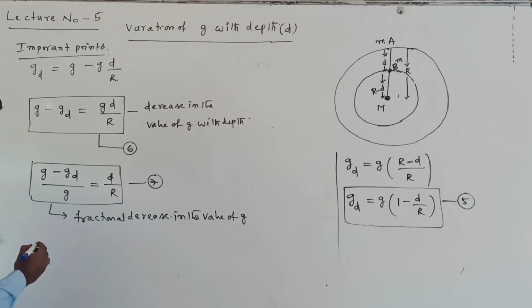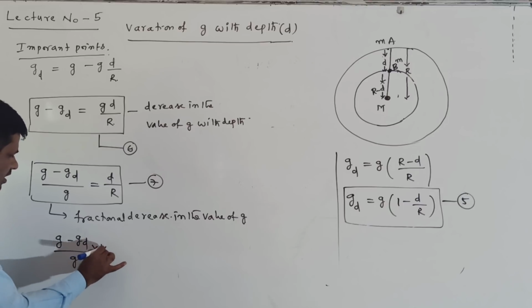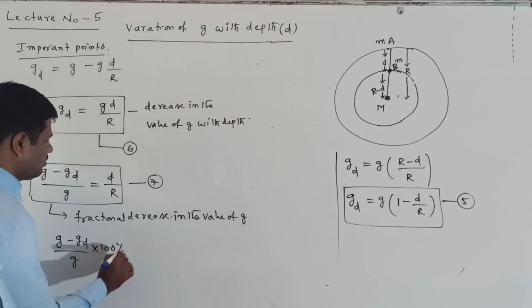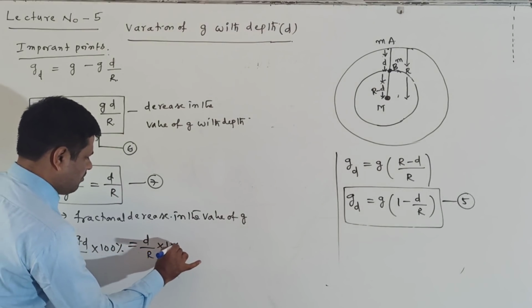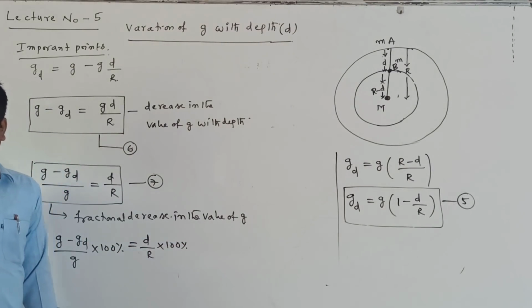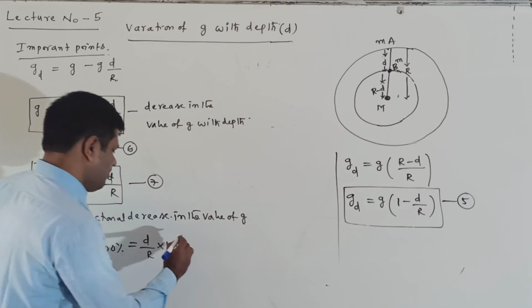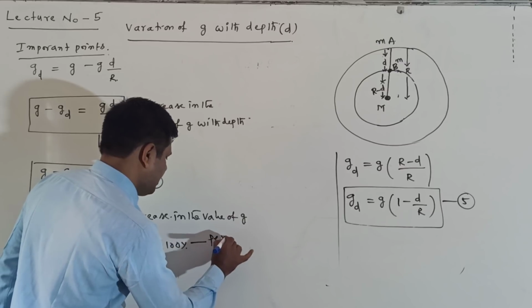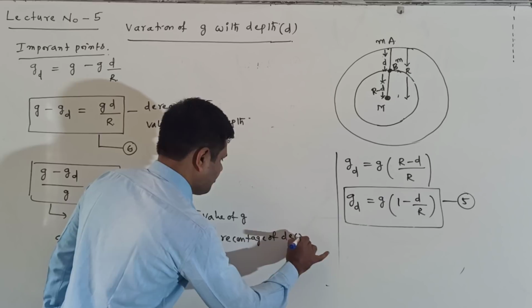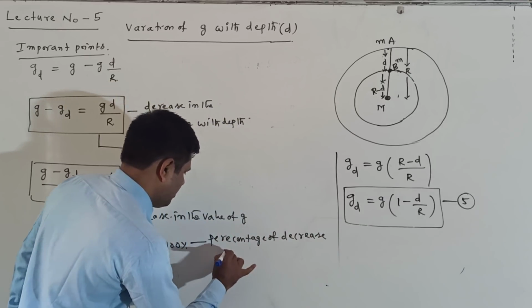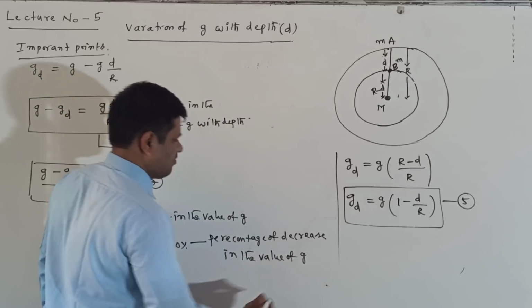This is the next formula. g minus gd by g into 100% is equal to d by r into 100%. This is called the percentage decrease in the value of g with depth here, not with height.